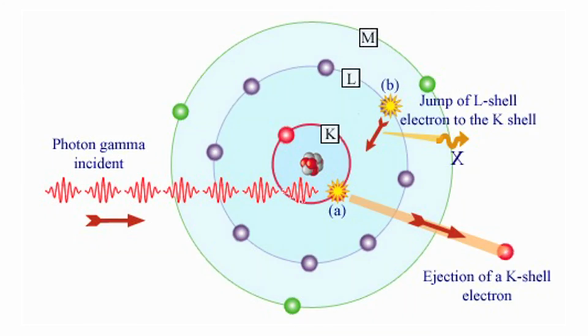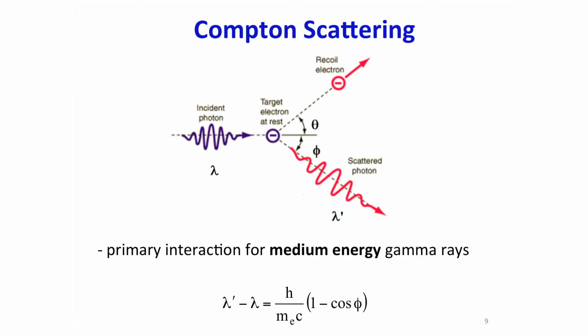A low energy gamma ray then is incident on an inner shell electron. Here it transfers all of its energy to the electron. That electron is ejected. Other things can happen as well, but we're not interested in the other things for now, right? If we have then a medium energy gamma ray, a medium energy gamma ray can interact again with an electron in the target atom. The target electron is at rest, but this time not all of the energy is transferred to the electron.